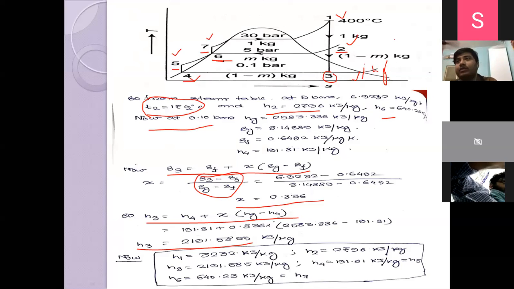I have already said that if you want to solve any Rankine cycle problem, you should always find the enthalpies at each and every salient point. Now I have all the values at the salient points, and I just put them in the formula.